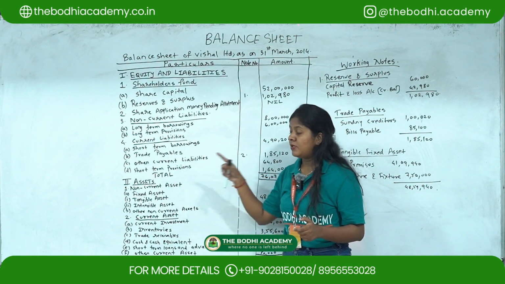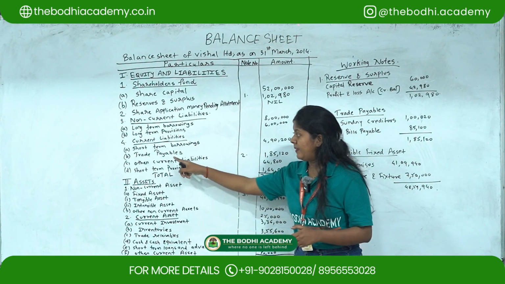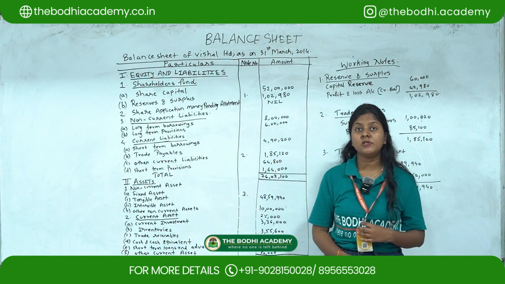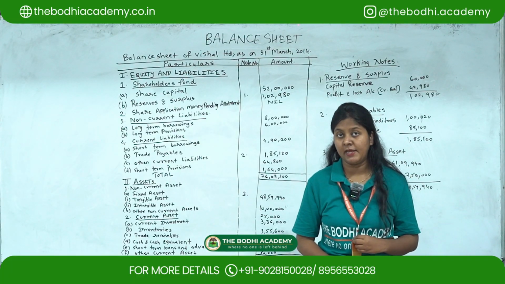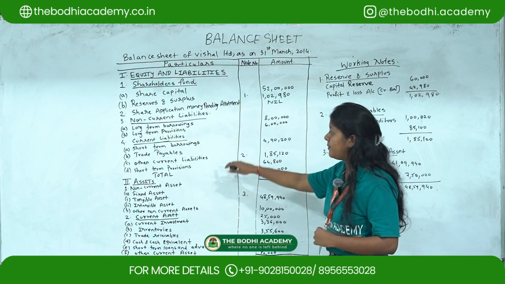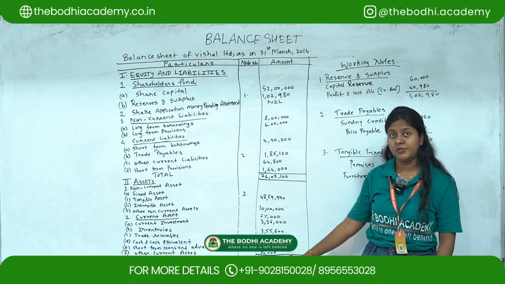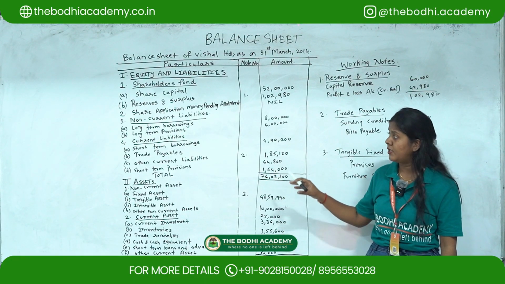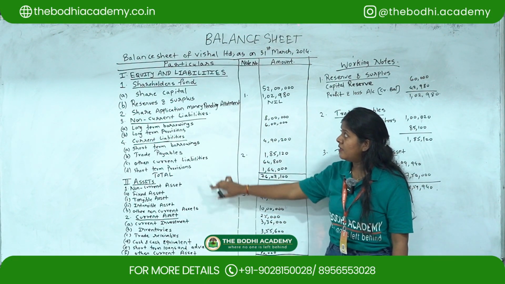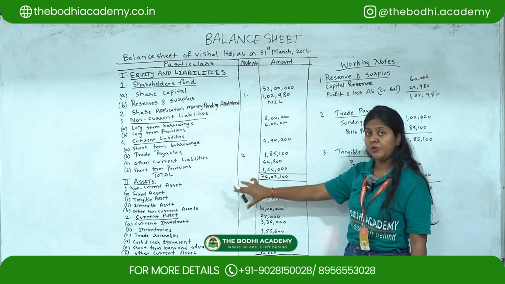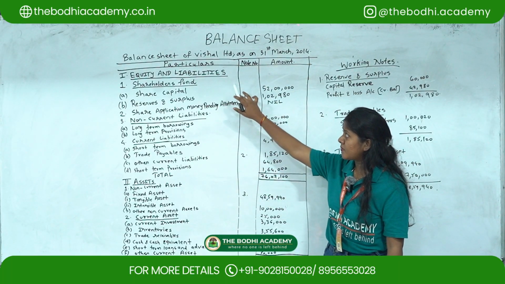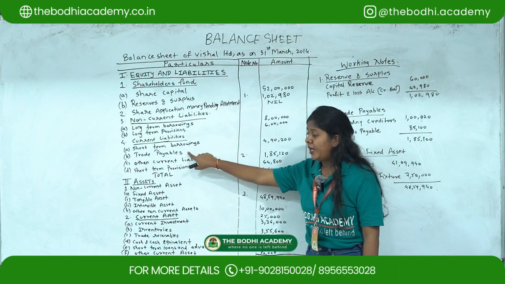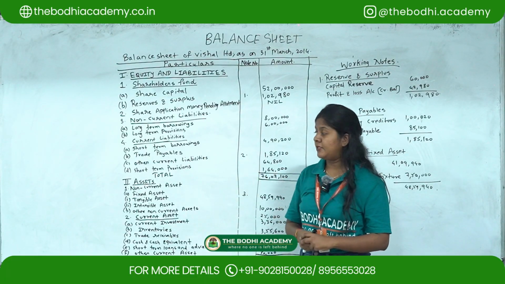Then trade payables, which include creditors plus bills payable. This is the vertical balance sheet; in 11th standard we learned the horizontal balance sheet, but now everything is vertical according to the new financial statements.